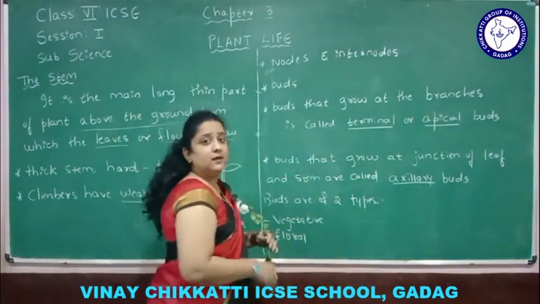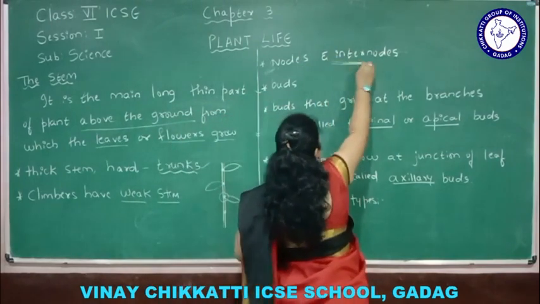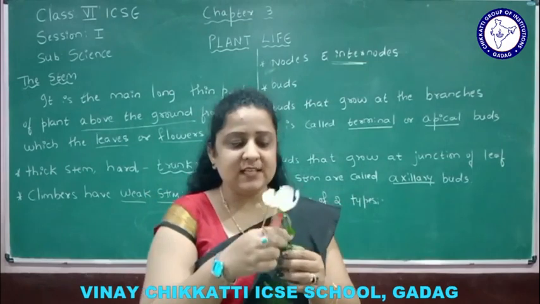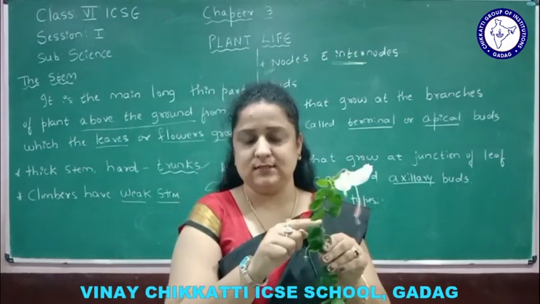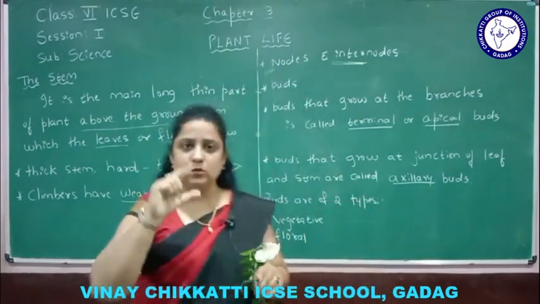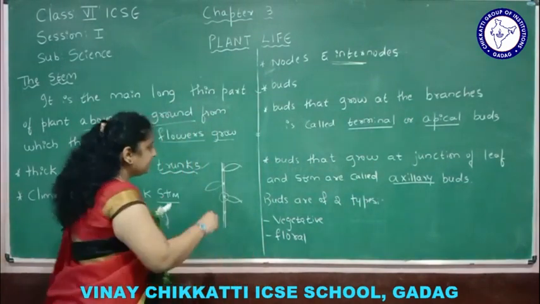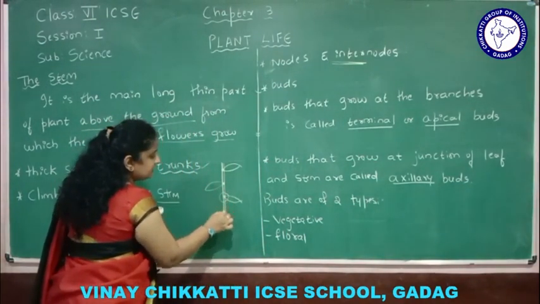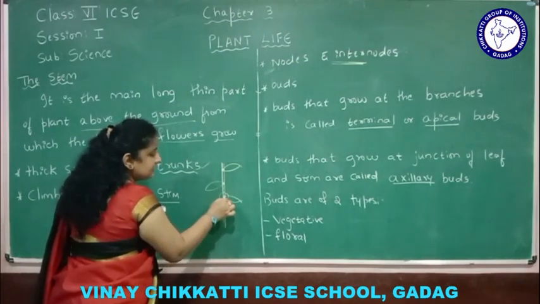Now what do you mean by internodes? Internode is the space between two nodes. The space between two successive nodes is called internode. You can see here, this is one node and there is some gap here, some space here, and there is another node here.